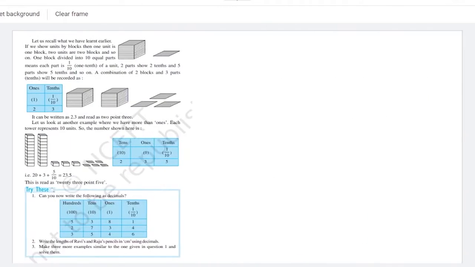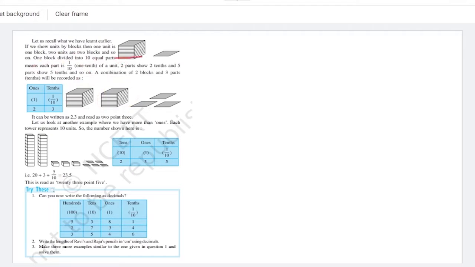The next one, the next page you have. Let us recall what we learned earlier. If we show units by blocks, then each one unit is one block. This unit will be one block. 2 units will be 2 blocks, and so on.